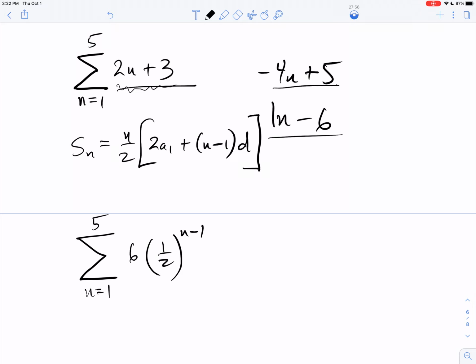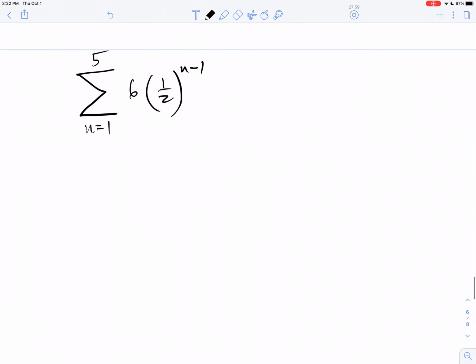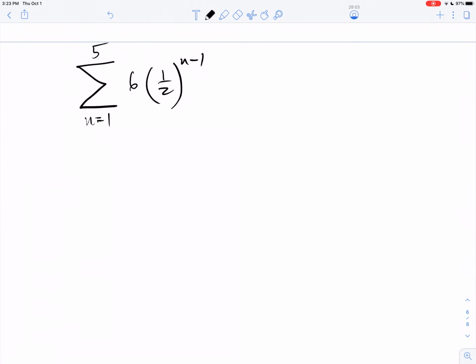But if it's geometric, it has a certain look also. Let's take a look at that guy. That guy looks super duper geometric. Now, think about what the geometric sequence formula looks like. Like there's an A1, there's an R. There's a pattern in this.